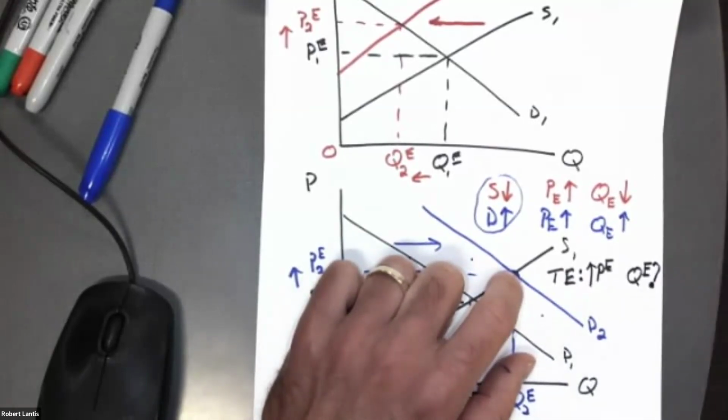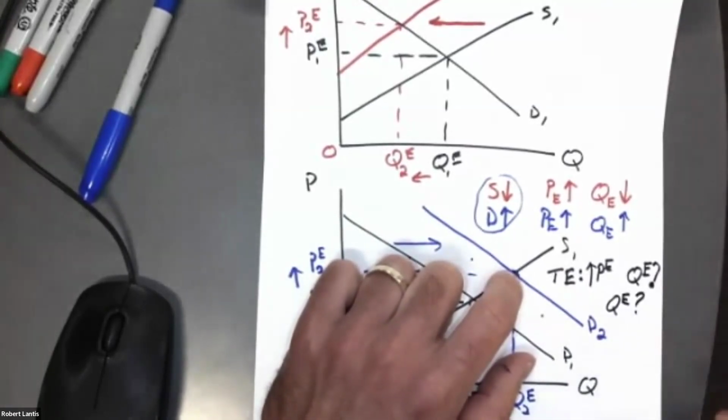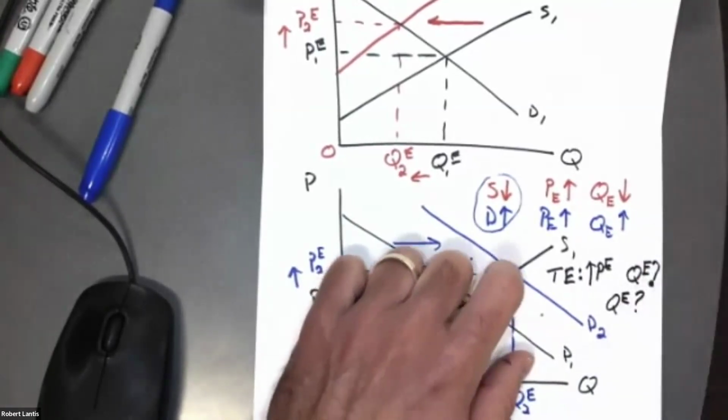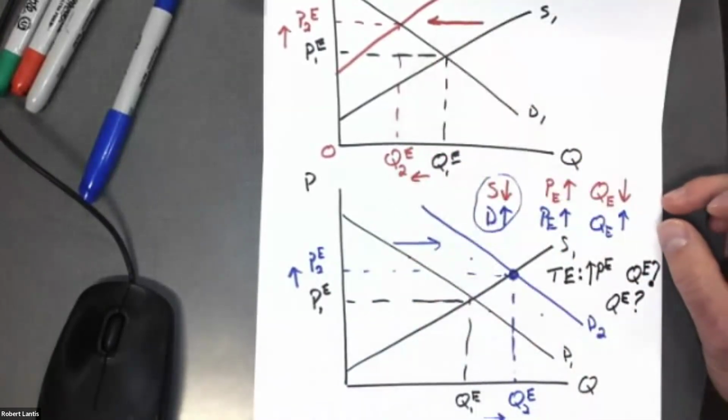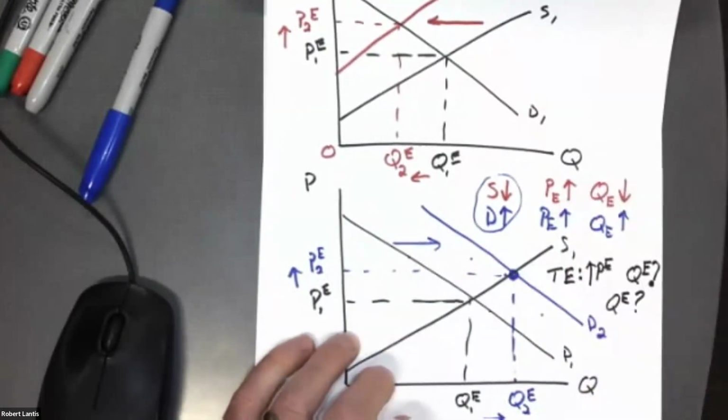So that's supposed to be, sorry, a question mark, right? I don't know. Unless you tell me the size of the shifts, I can't tell you what's going to happen to the equilibrium quantity, because they're pushing it in opposite directions. So sometimes when we have these simultaneous changes, we can say what's going to happen to the equilibrium price, but we don't know about the equilibrium quantity.